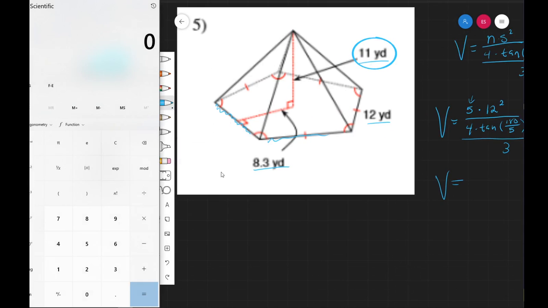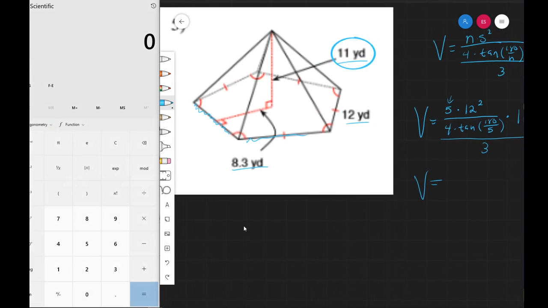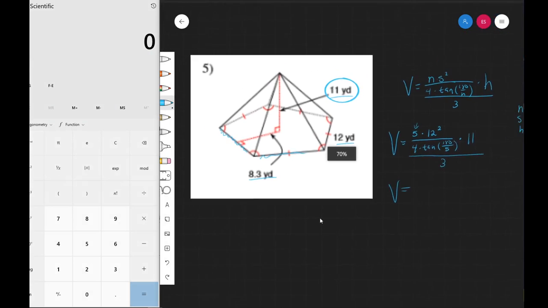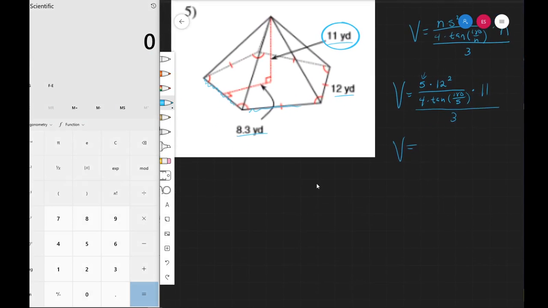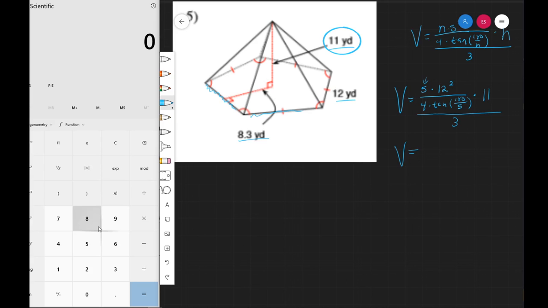Now everything fits, and we can work next to each other. Let's figure out what 5 times 12 squared is. That's 720.